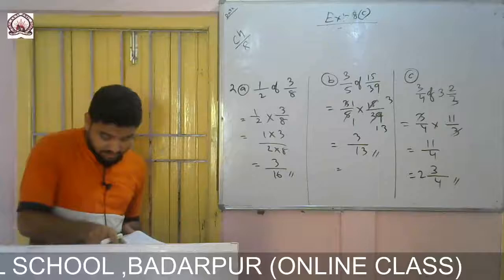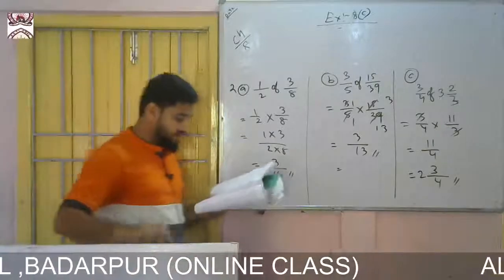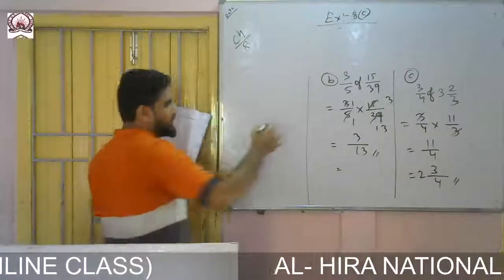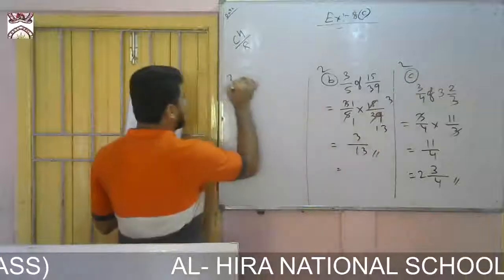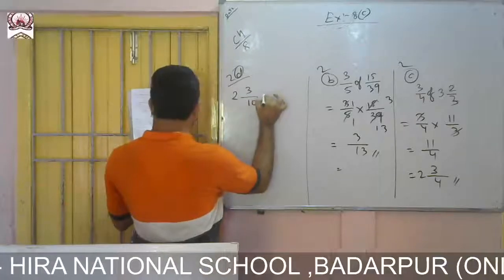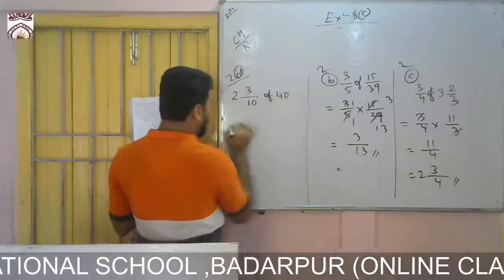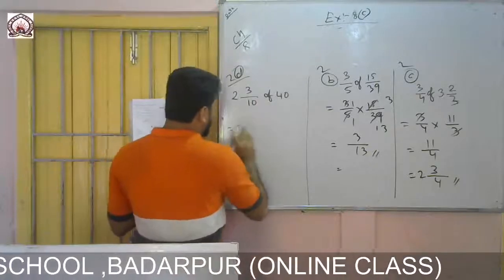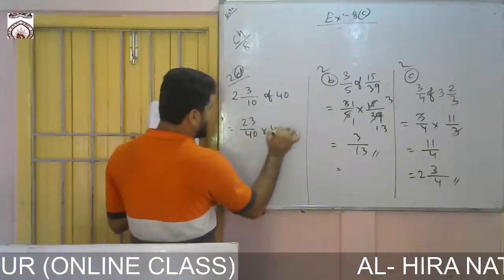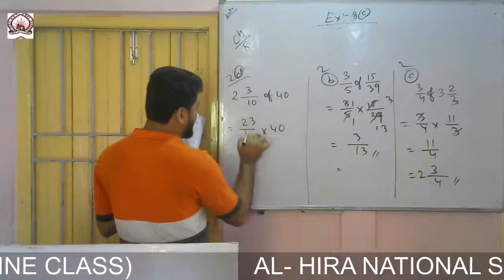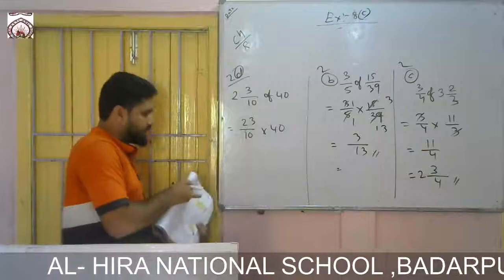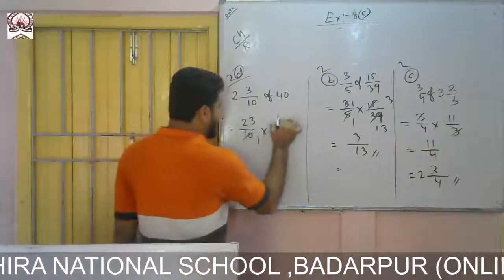Now question number D. It's a big number. 2D I am showing. 2 3 by 10 of 40. So it will be 2 10s are 20, 23 by 10 into 40. Now you cancel it. 10 1s are 10, 10 4s are 40.